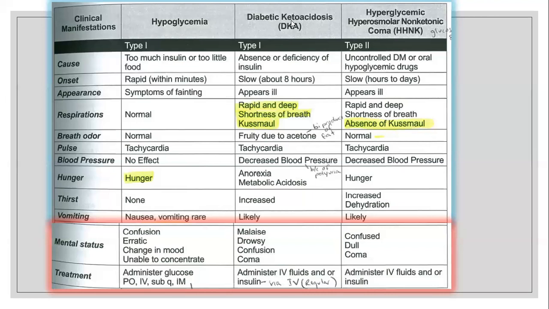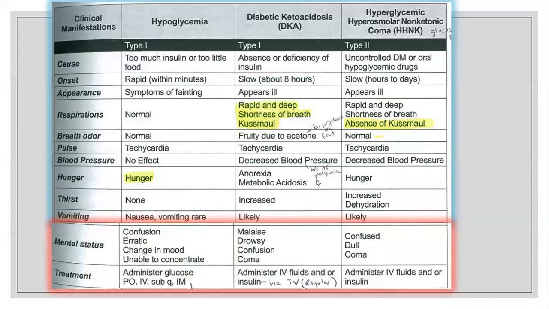If a patient has diabetic ketoacidosis, basically we administer IV fluid and insulin. If the patient has a type 2 complication, hyperglycemic hyperosmolar non-ketotic coma, we give IV fluid and/or insulin.